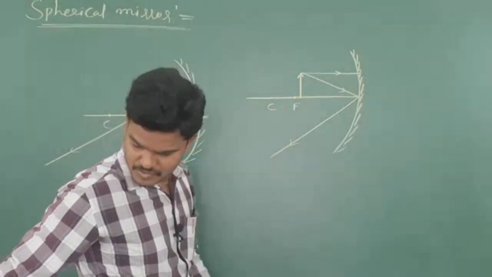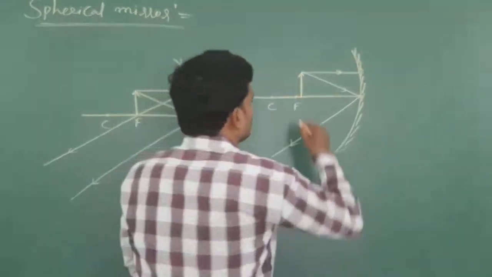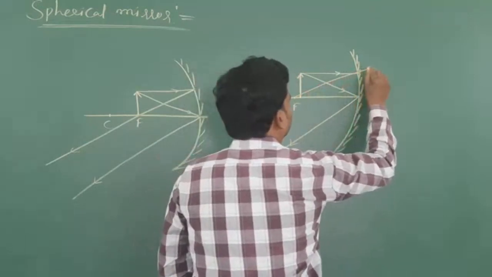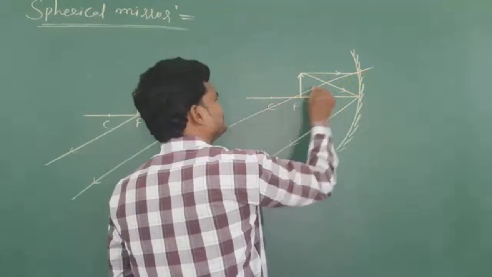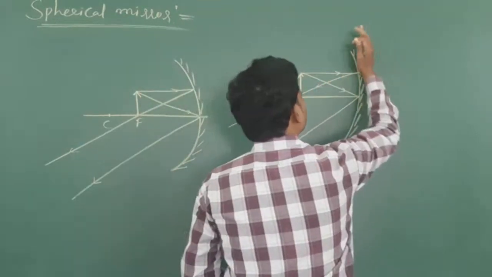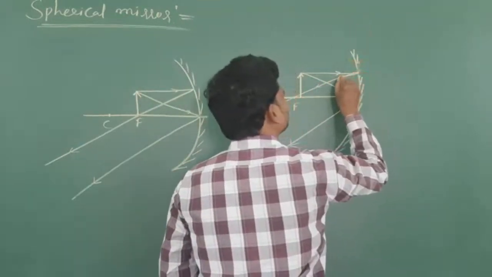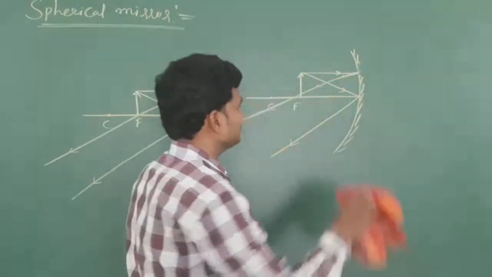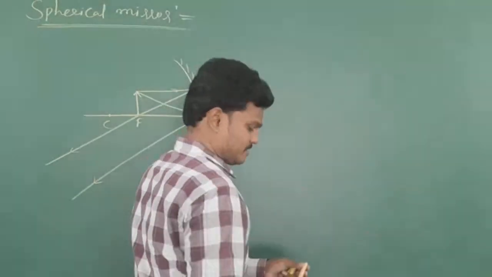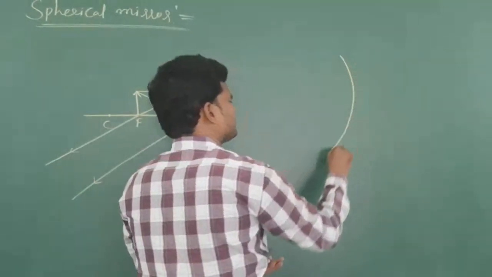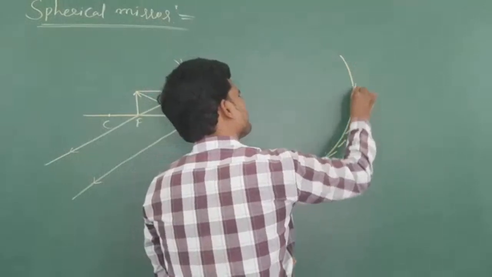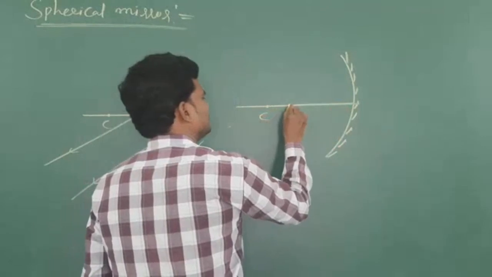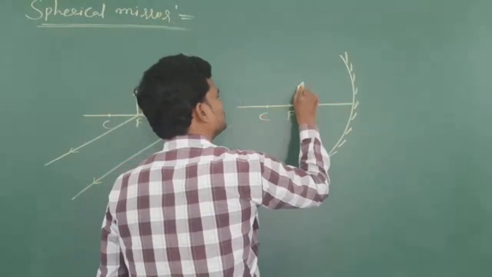Now let me draw once again. Just a minute, let me speed up. See, this is C, this is F. Now I am placing an object here.